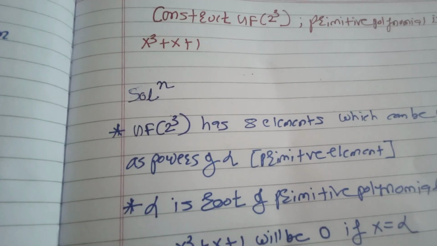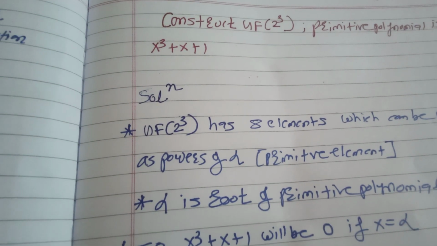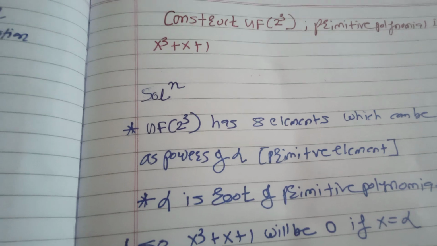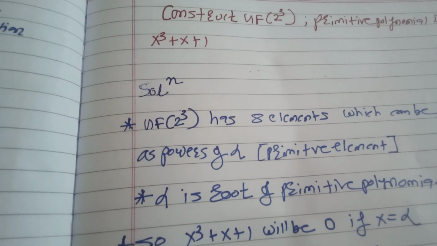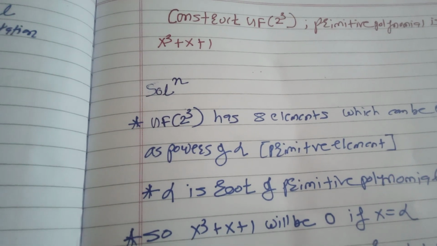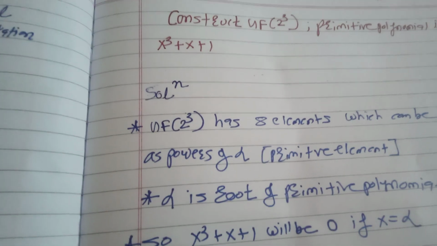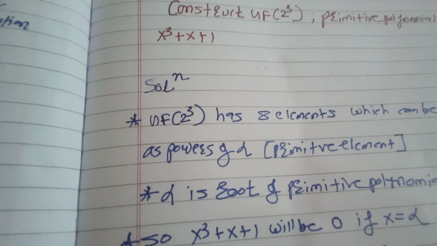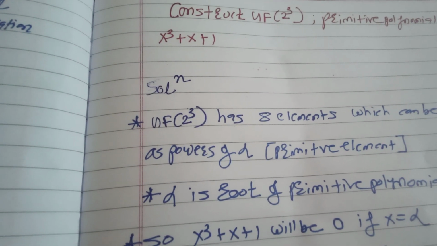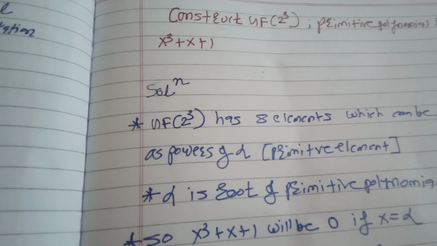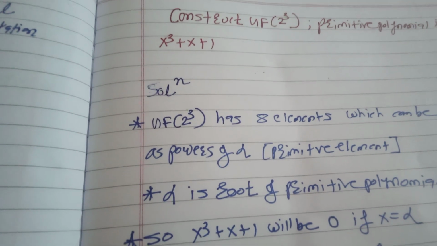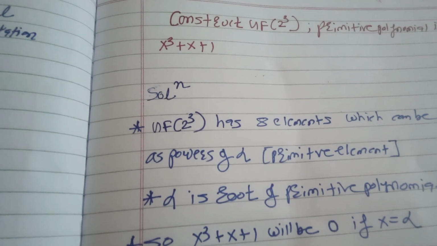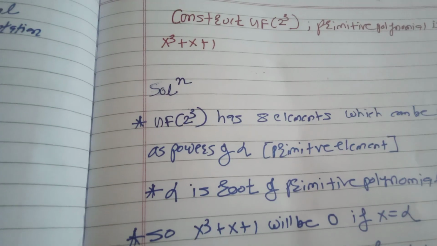The two points that are important to consider are, we have to express every element of the extension field as powers of alpha. Alpha is a primitive element. A primitive element is one whose powers express all the elements of the Galois field, and also it is the root of the primitive polynomial.